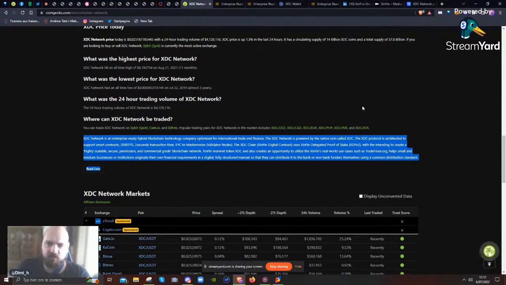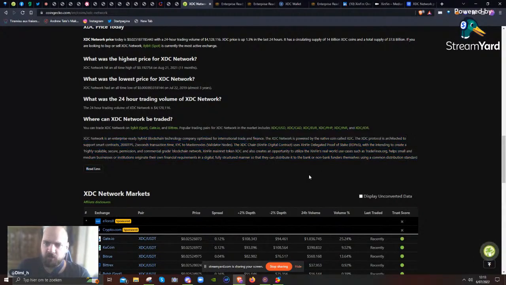The XDC chain, XinFin digital contract, uses XinFin delegated proof of stake, probably with the intention to create a highly scalable, secure, permissioned and commercial grade blockchain network. XinFin mainnet token XDC also creates an opportunity to utilize XinFin's real world use cases such as TradeFinex.org, helps small and medium business or institutions originate their own financial requirements digitally, yada yada yada.